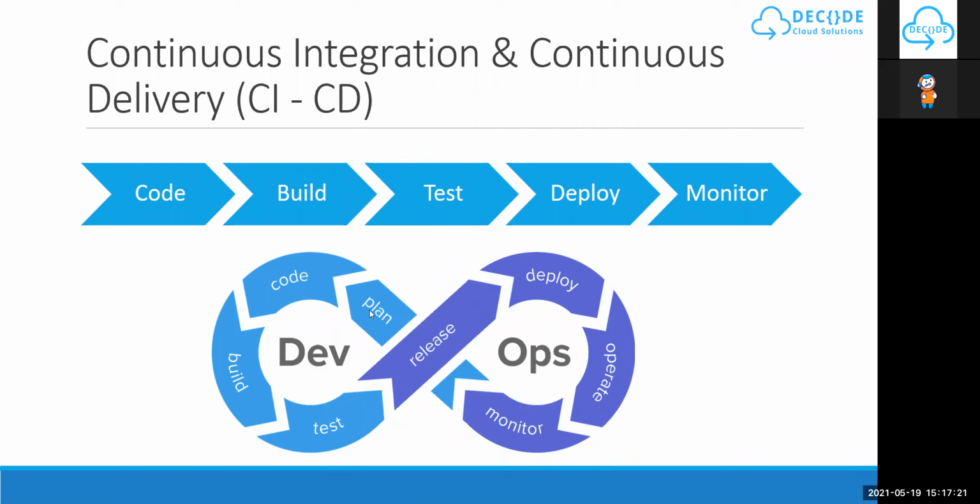So you see there is an overlapping also. Right from when you start planning, so when it comes to the release, there is a kind of overlap. Which means at the time of release, both the dev team and the ops team are equally accountable and responsible and owners of this particular activity.